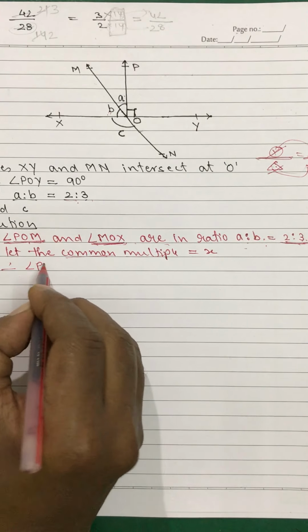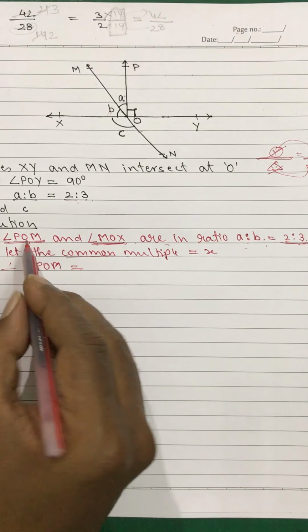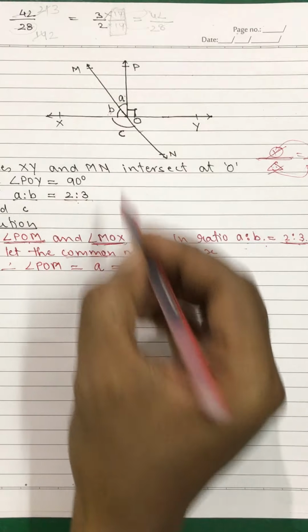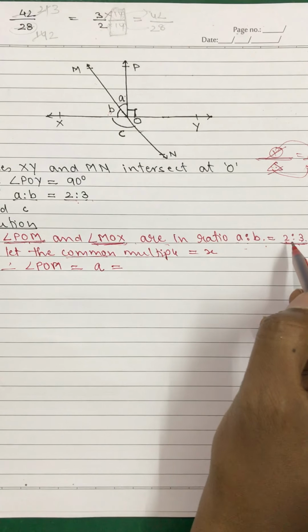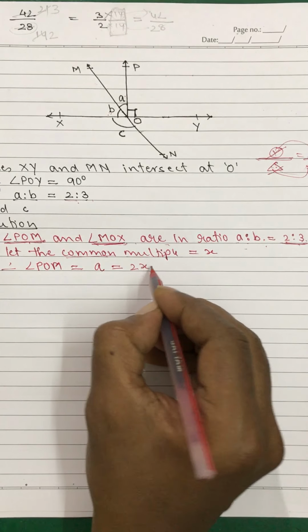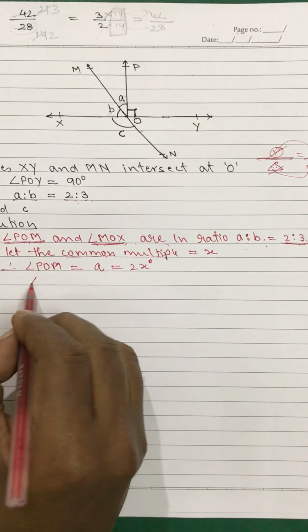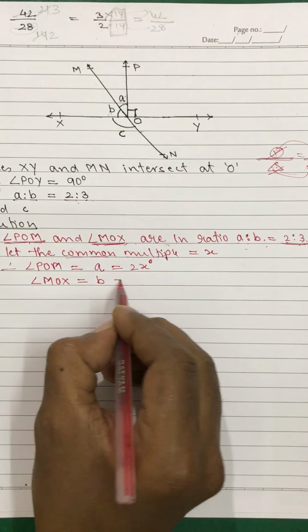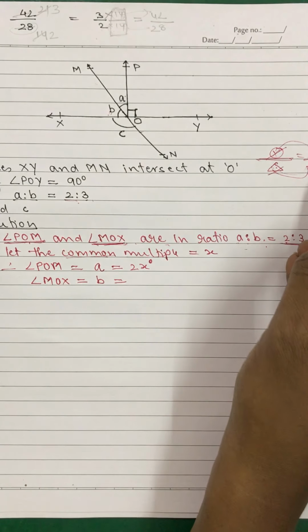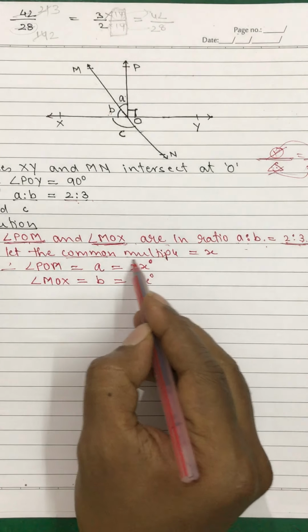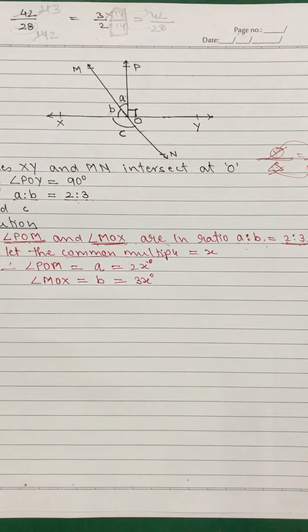Therefore, angle POM, which is A, will be equal to 2x degrees. And angle MOX, which is B, is equal to 3x degrees. This will be the original numbers, 2x and 3x. I don't know what x is, so at present I have taken this.